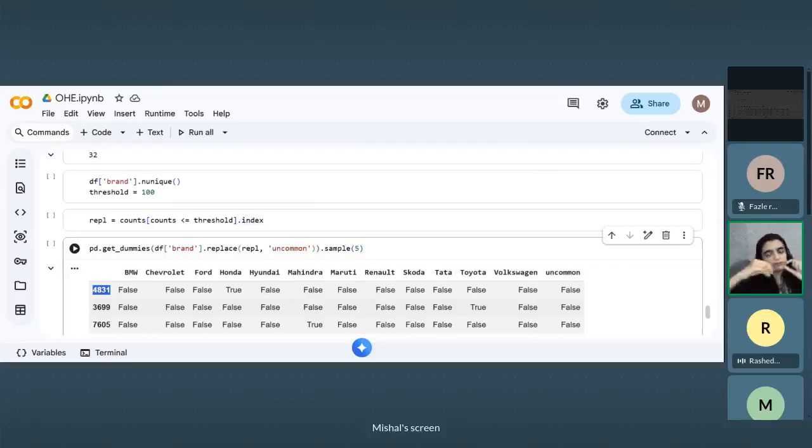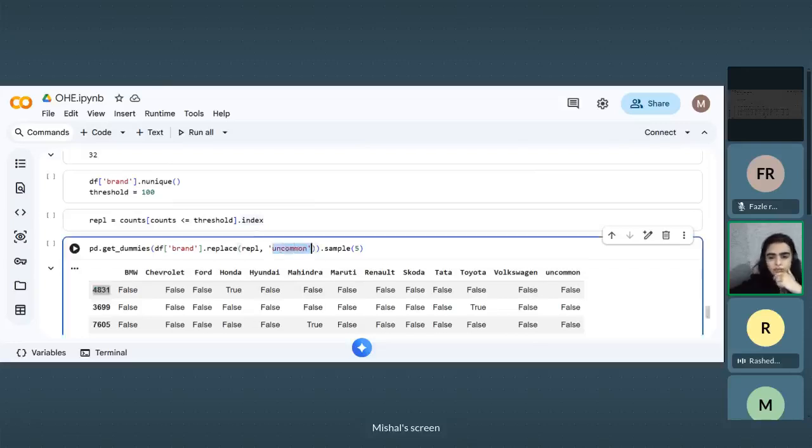Yeah, index always starts from 0. So that index is the sample number. So we are mentioning it here: count those which have fewer samples than that specific threshold. We are capturing their indexes and then replacing them with uncommon. That is some other thing that I will help you understand. Okay.